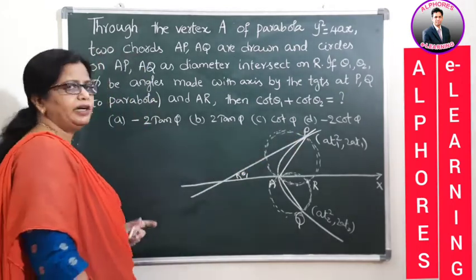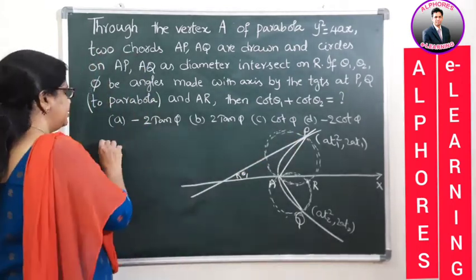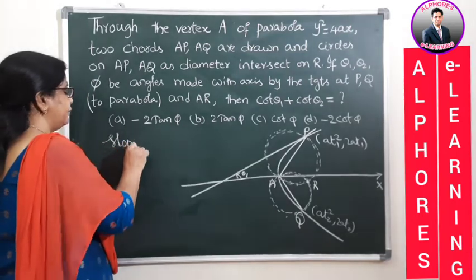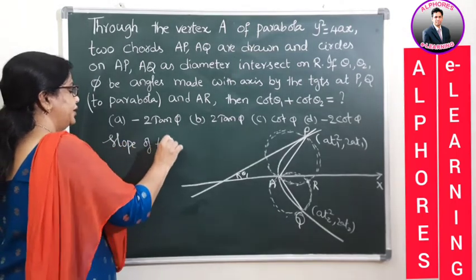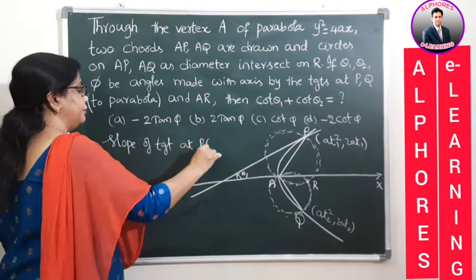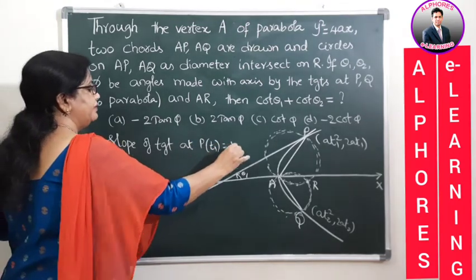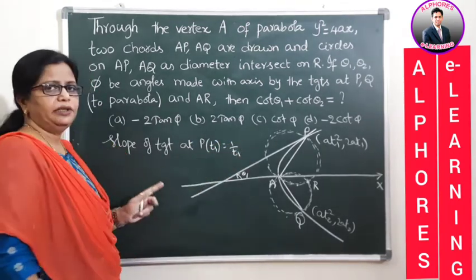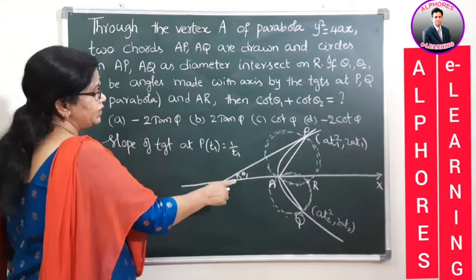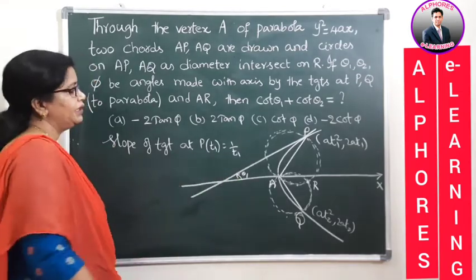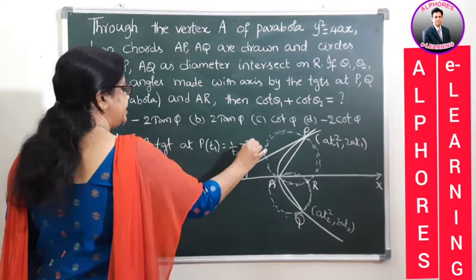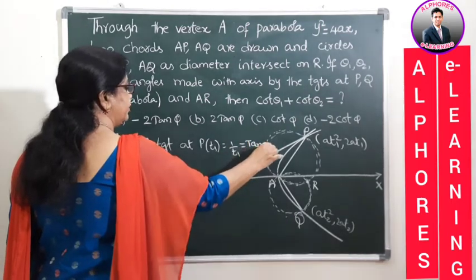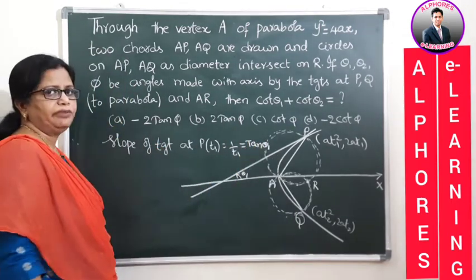Then what is that formula? The slope of the tangent drawn at P of t1, this formula we know, is 1 divided by t1. And this 1 by t1, as the inclination is theta 1, is nothing but tan theta 1. Okay, so this is our tan theta 1.